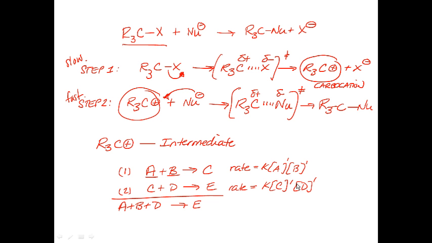And so using these elementary step rate equations, let's say down here that the overall reaction rate was equal to K times concentration of A to the first power times concentration of B to the first power times the concentration of D to the 0 power.